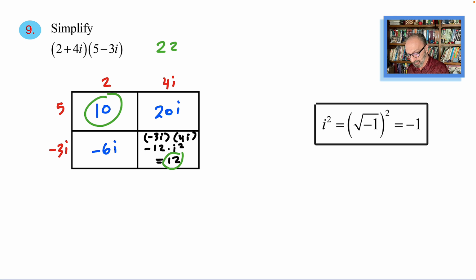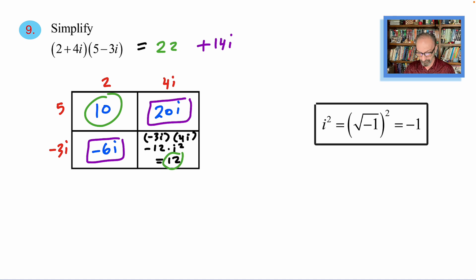And combining, 20i and minus 6i is 14i. So the answer is 22 plus 14i.